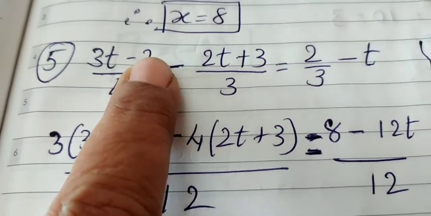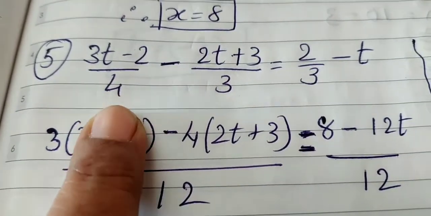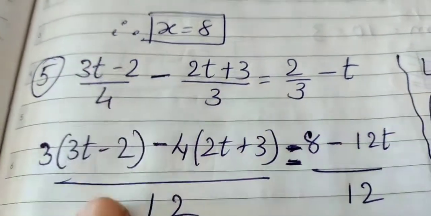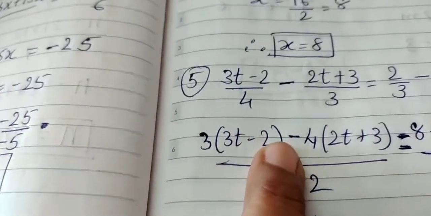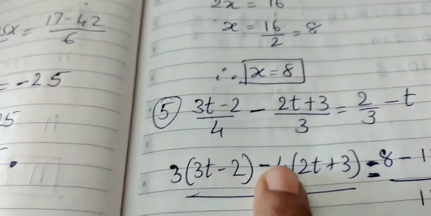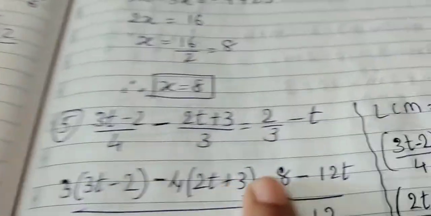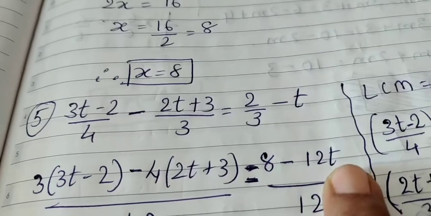Okay, as these two terms have common denominator 4, we will take them in a bracket as I did in the previous sum. 3 multiplied with both the terms, 4 multiplied to both the terms, 4 2s are 8, and here 12.